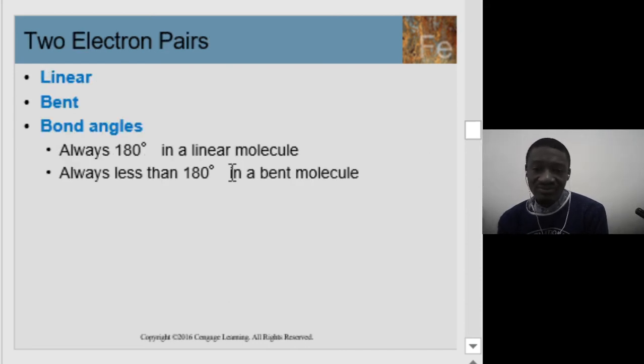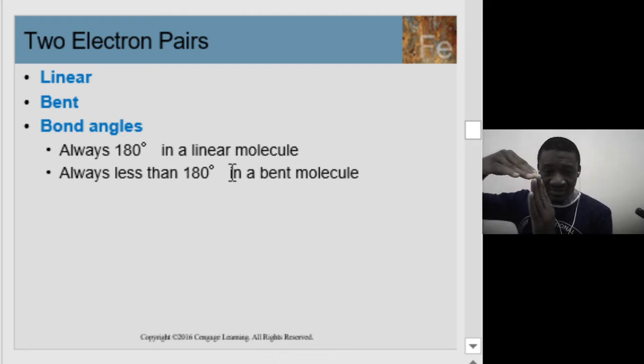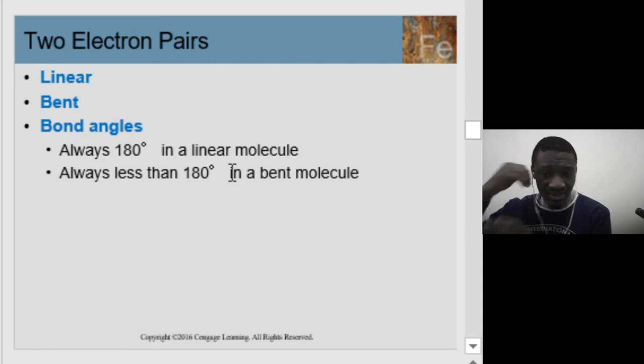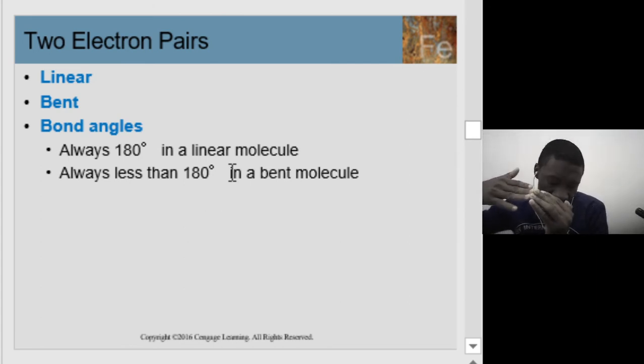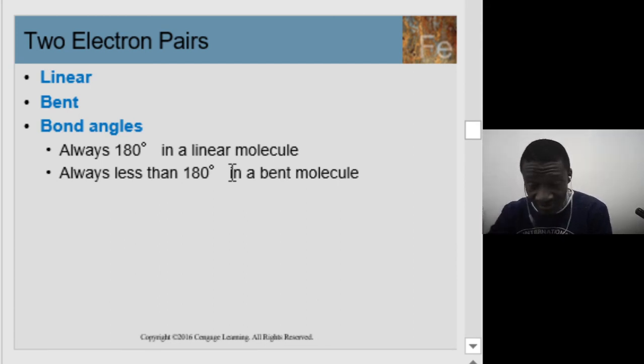So you have 2 electron pairs, which is either a linear one, a bent one, or bond angles. So when you have 2 pairs, you can either have a straight line or something that is bent, and then you can have an angle that is 180 or an angle that is bent, which is less than 180, which can be 90, 45, depending on how much it is pushed to form the angle.